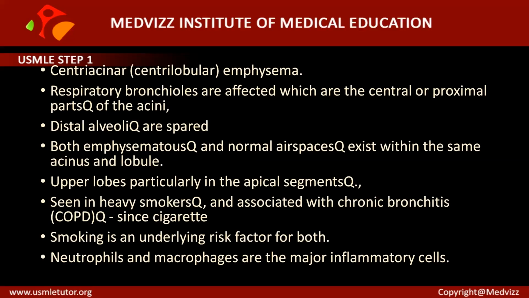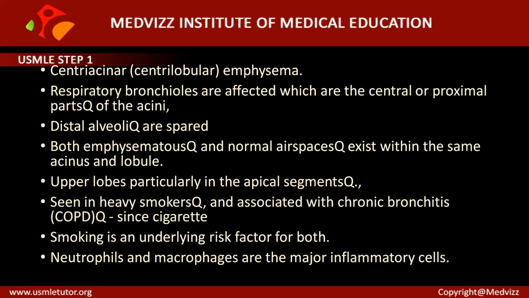That's why we call it centrilobular, depending upon the anatomical location. I always told you that the acinus is the one which is involved, so the respiratory bronchioles are affected. The anatomical location is the central or proximal parts of the acini. In this centrilobular emphysema, the distal alveoli are spared.